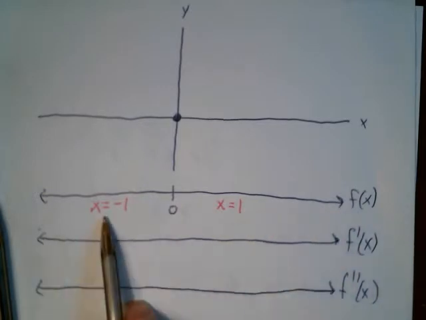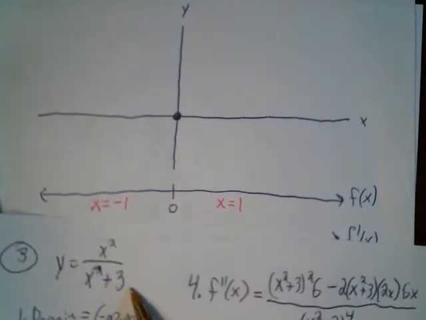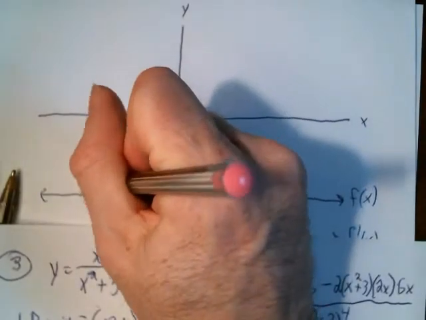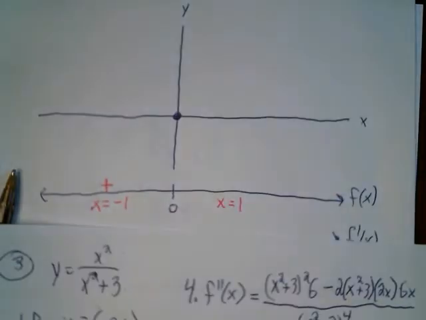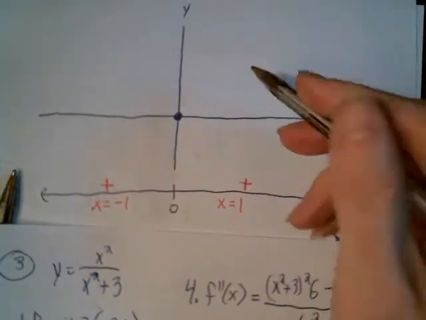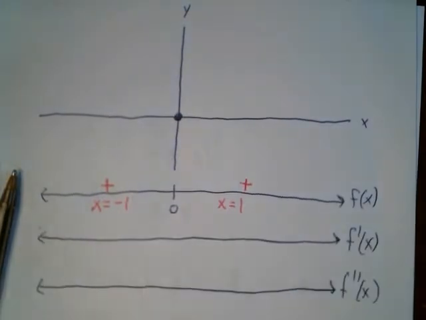So in this interval, if you plug -1 in there, you'll have -1 squared all over -1 squared plus 3. So it'll be positive over positive. In other words, the graph is above the x-axis in that interval. If you plug 1 into here, because of the squares, you get the same number. So it's actually positive in both half planes. It's above the x-axis.